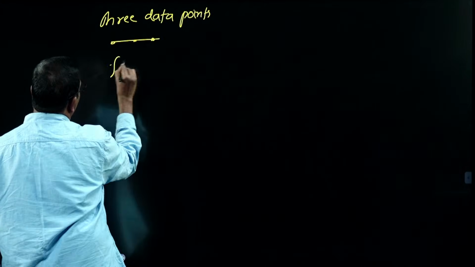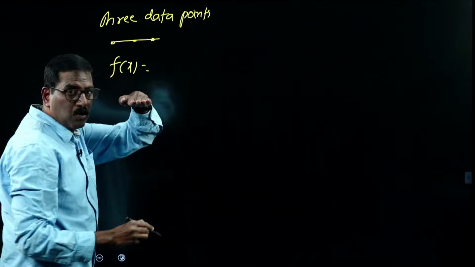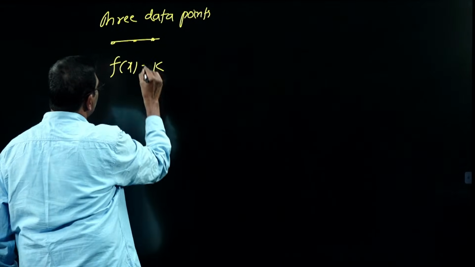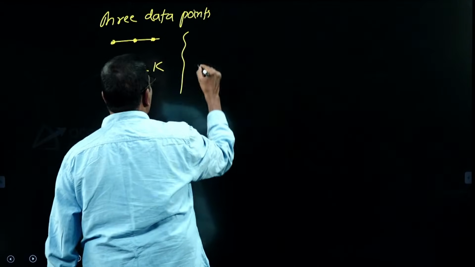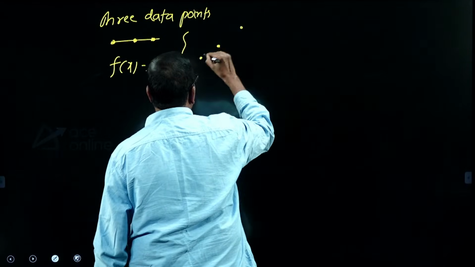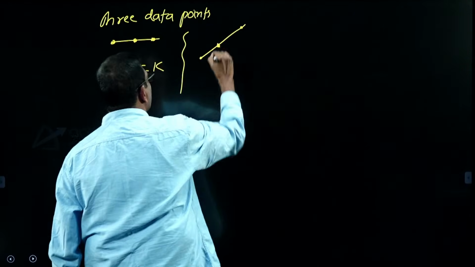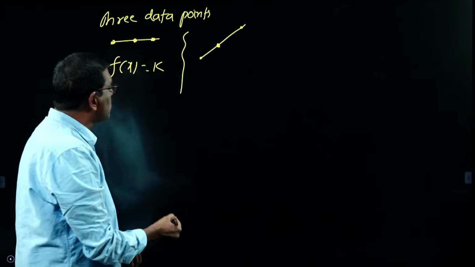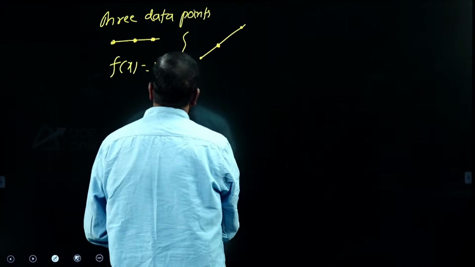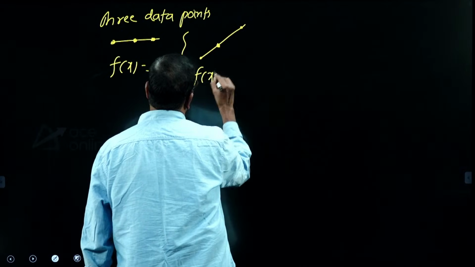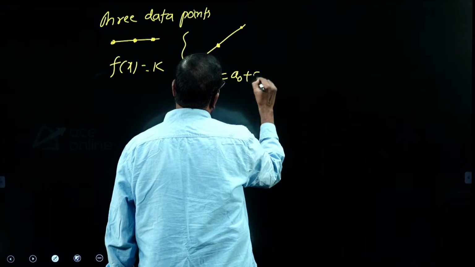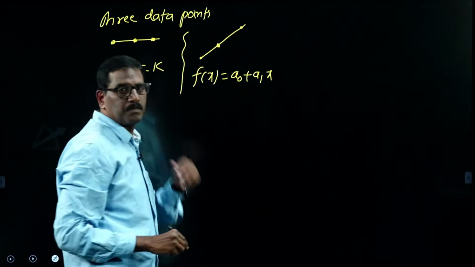If it is a straight line with no slope, that is nothing but f of x is equal to k, for three data points. Or three data points may be like this, the positions of the data points are like this. Here also we can draw a straight line, but the straight line is not a constant polynomial here. That straight line is nothing but a linear polynomial, that is a0 plus a1x with some slope.